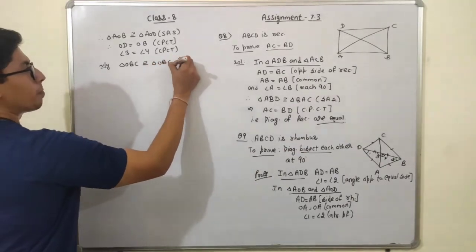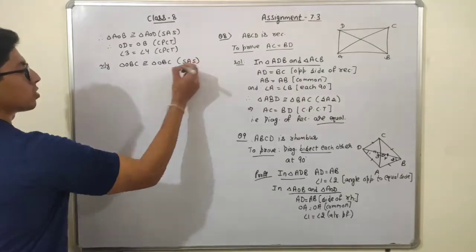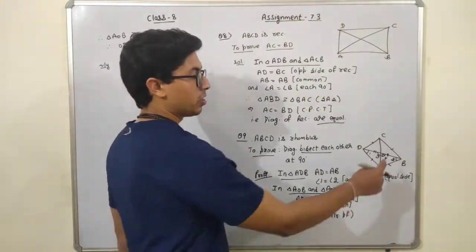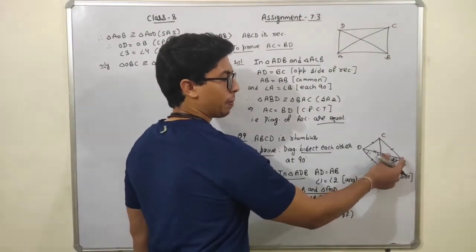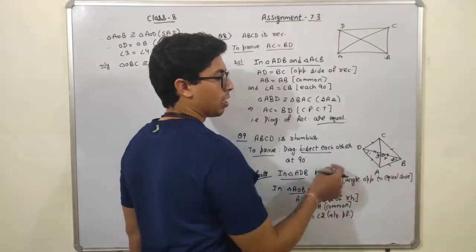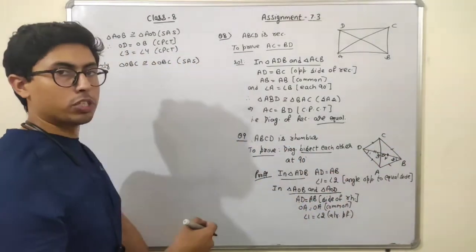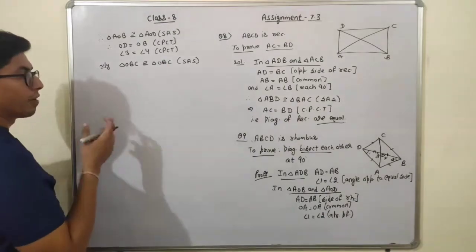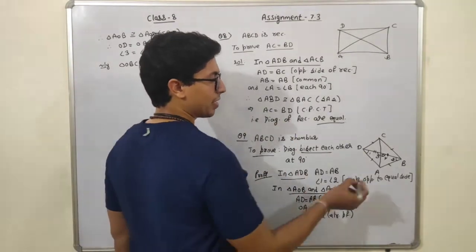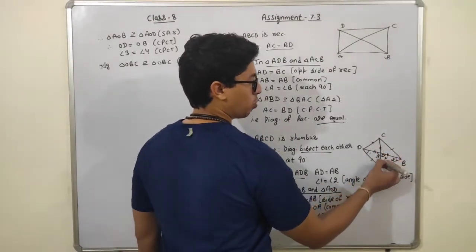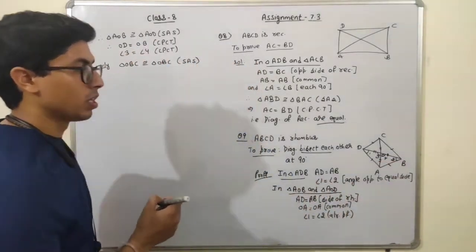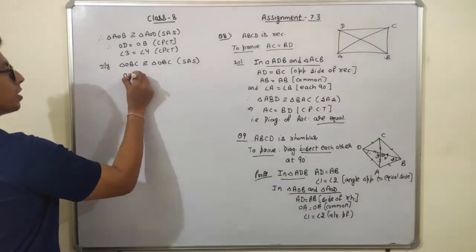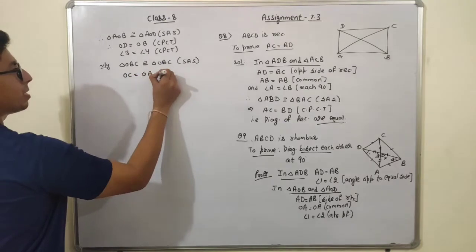Similarly, I can prove it by SAS, because these two sides are equal, this will be common, and this angle will be equal by the property of angles opposite to equal sides. So from here, I can say that OC is equal to OA by CPCT.